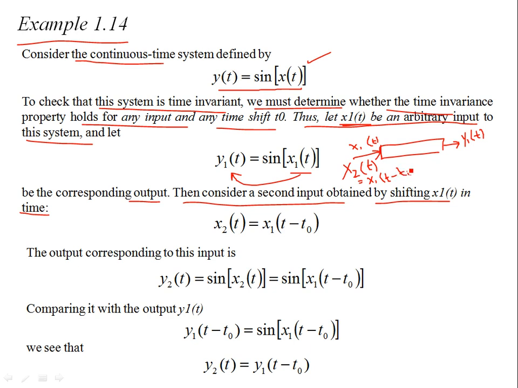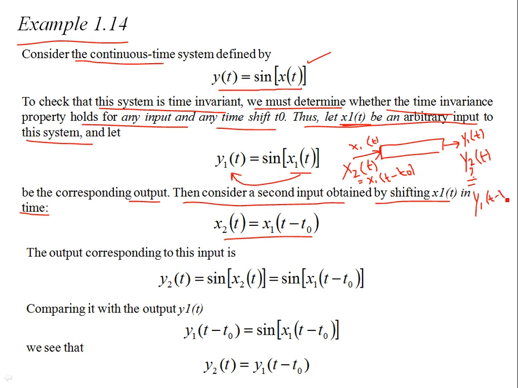Now, the question that remains is that in response to x2(t), the system produces another output, y2(t). Are y2(t) and y1(t) related? Are they related by the relationship that y2(t) is equal to y1(t minus t naught)?